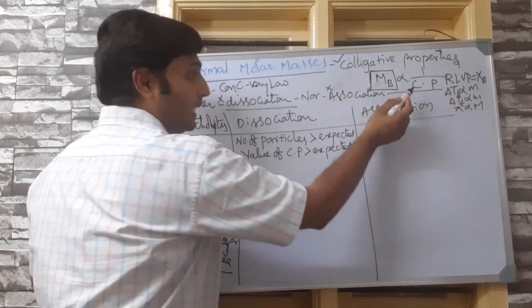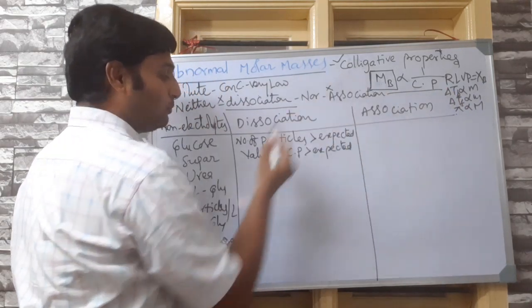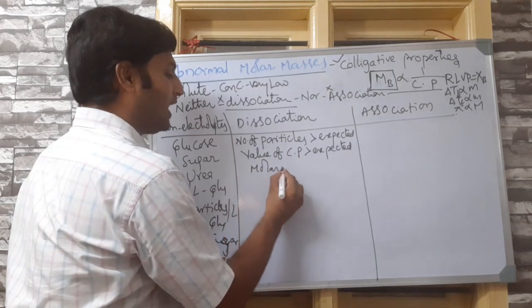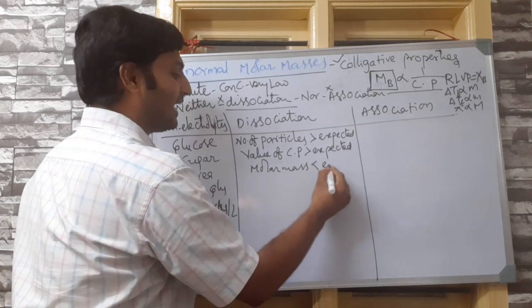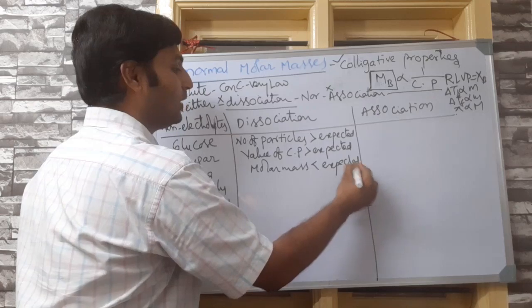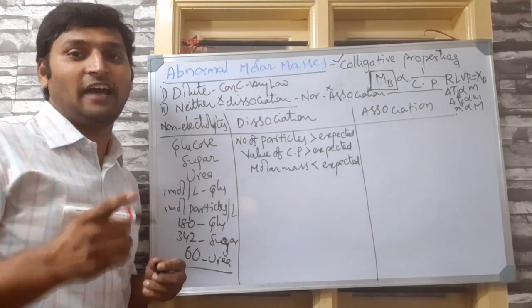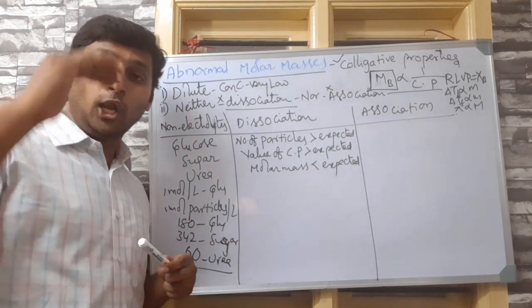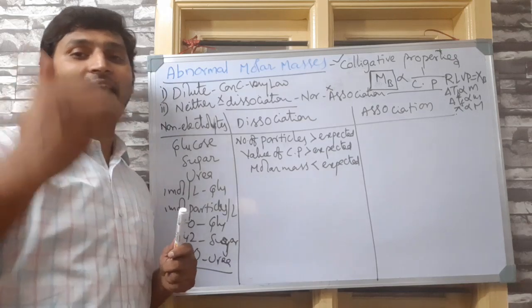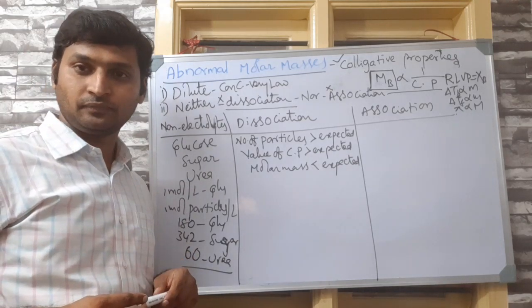We already know that colligative property is inversely proportional to molar mass, so the molar mass will be less than expected. That means you will get false negative values, lower values of molar mass than expected from the theory.